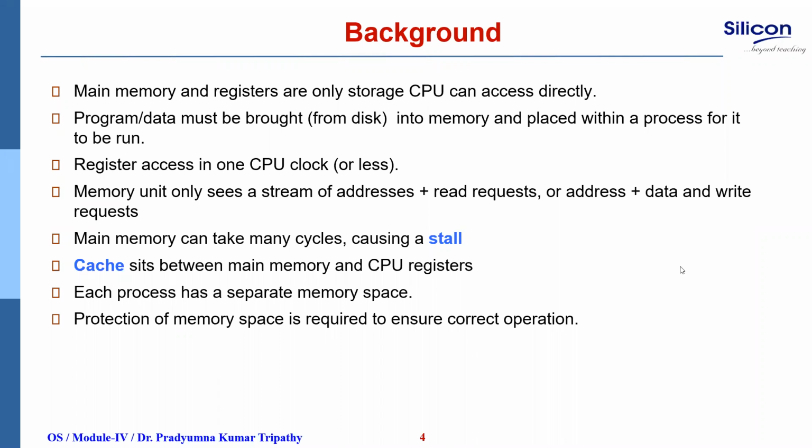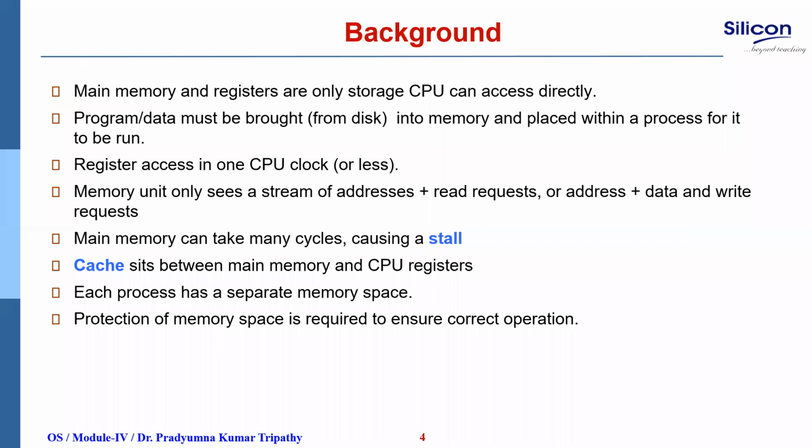The data stored in memory or the CPU registers can be accessed directly by the CPU. Correct? If your data is in any secondary storage, it is not accessed directly; rather, it is transferred to memory and then accessed.